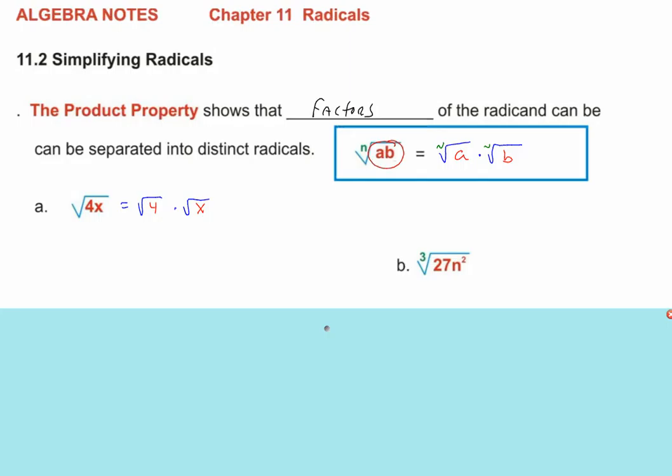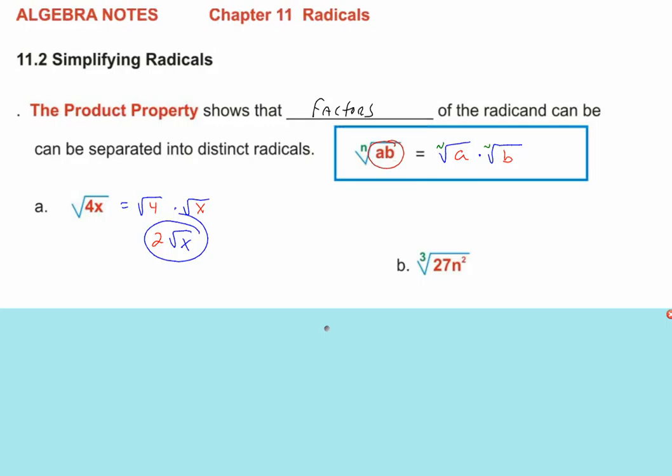Really, what we're doing is unmultiplying, which is what factoring is, right? Unmultiplying. Now we can do something with the square root of 4, because we all know the square root of 4 is 2. And so now we end up with 2 times the square root of x. And that's a simplified form of the square root of 4x. It's a more simplified answer.